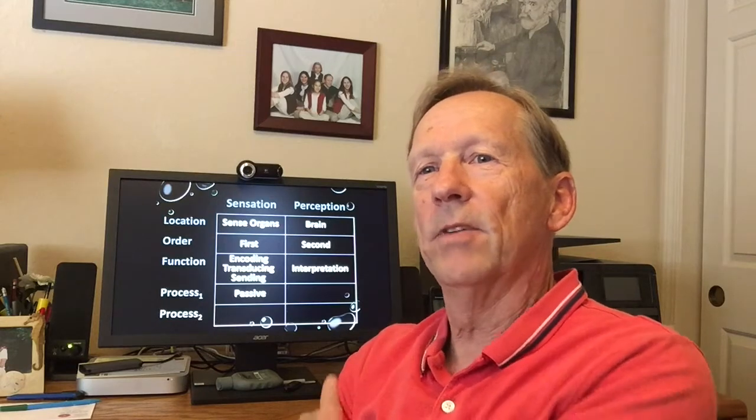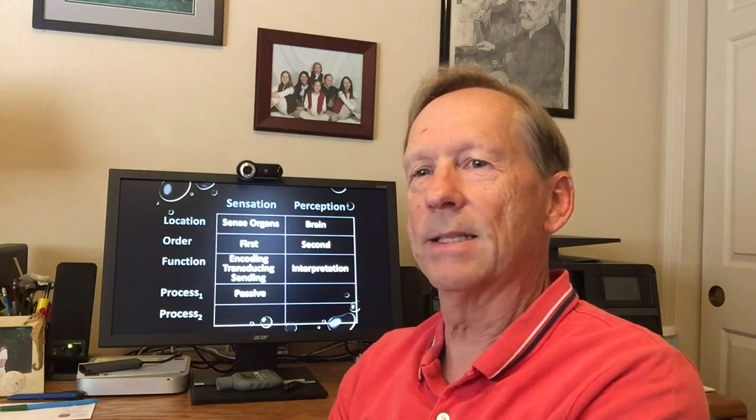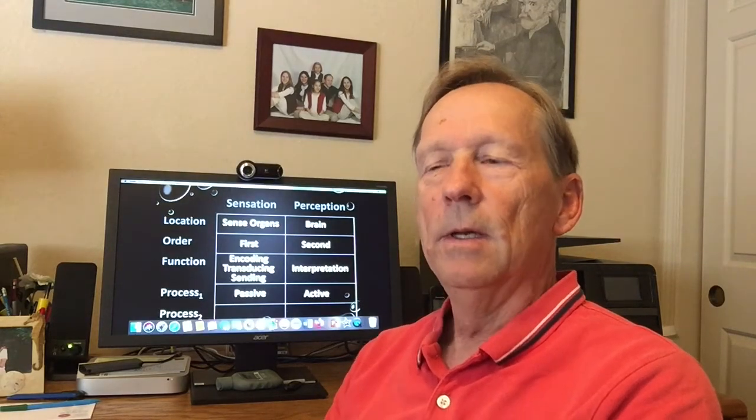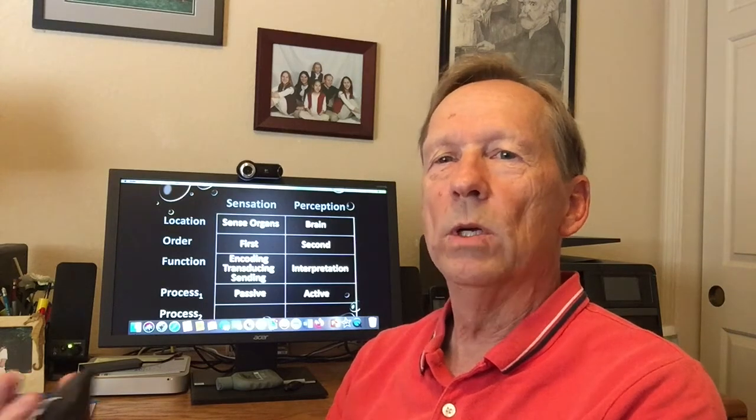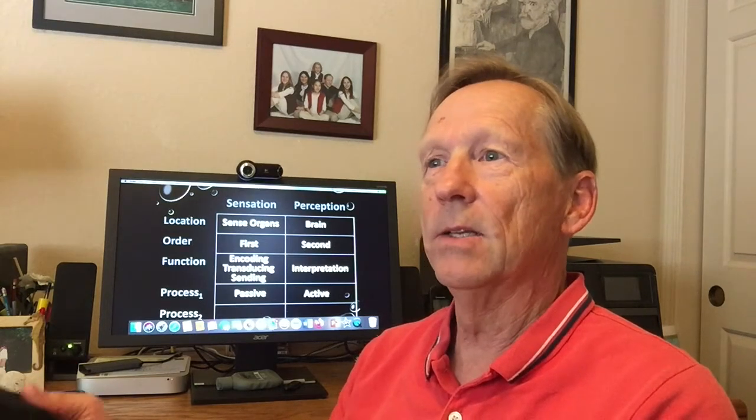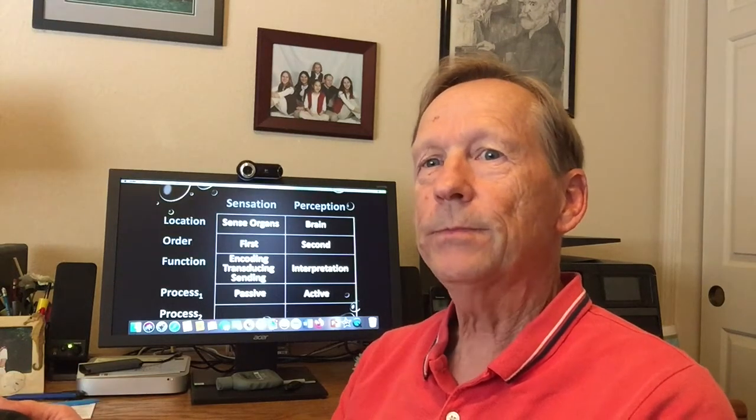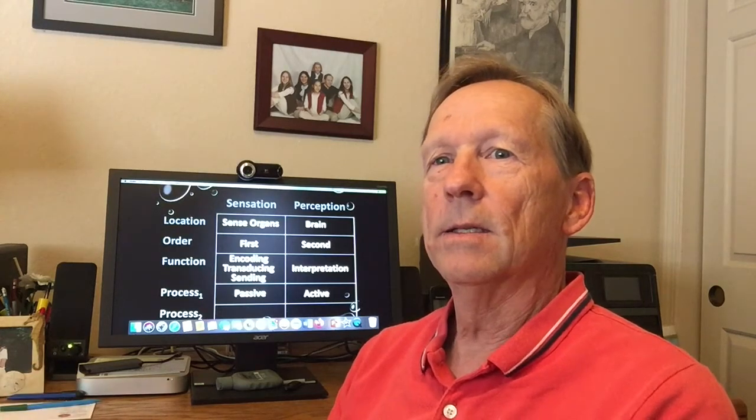Now, the process involved in sensation is quite passive. It just happens. You don't have to will your sense organs to transduce electromagnetic energy or light energy into electrochemical signals. It just does it automatically. That's the way we're made.